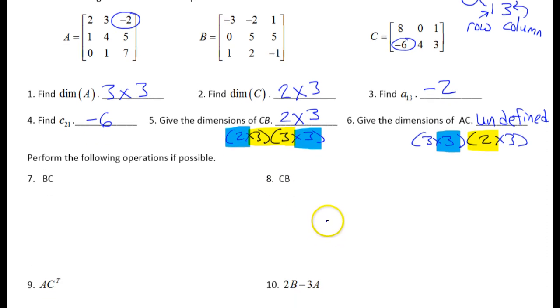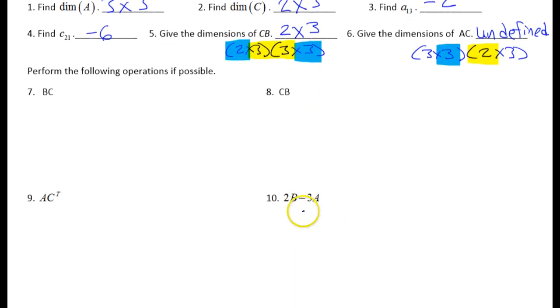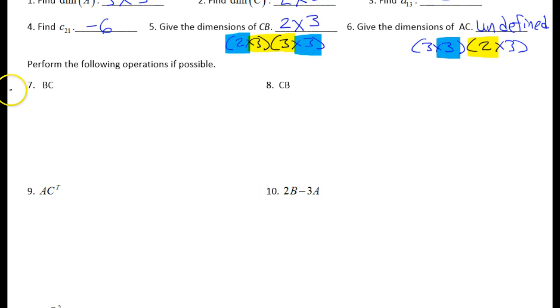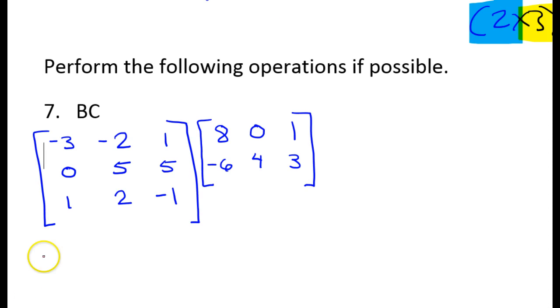Okay, what about problem number 7? So now we're going to perform some operations if possible. We're going to do B times C first. So here we are about to multiply matrix B times matrix C. First, we need to do our dimension analysis.